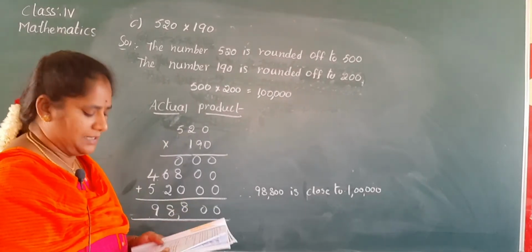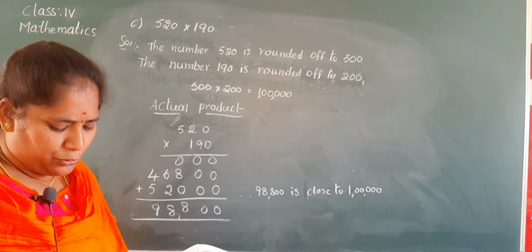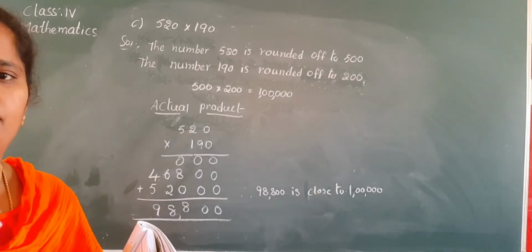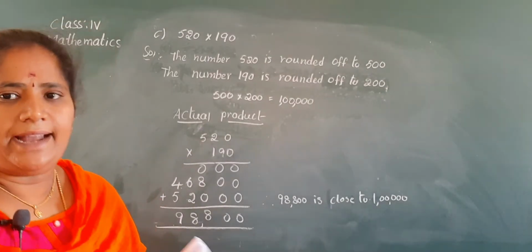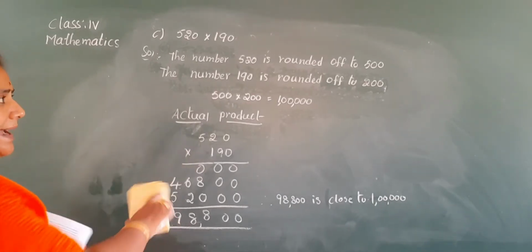Okay, and now D problem 805 into 290. 805 into 290.